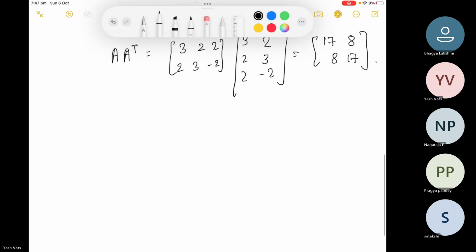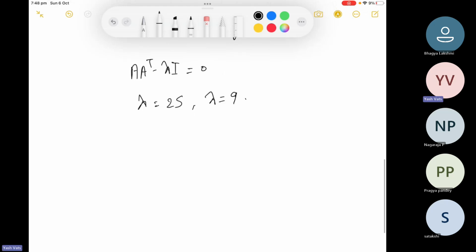Then how do we find the eigenvalues of A A transpose? You just solve determinant of A A transpose minus lambda I equal to 0. This will give you lambda equal to 25 and lambda equal to 9. So these are the eigenvalues.